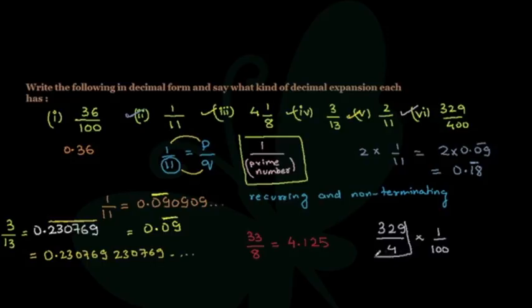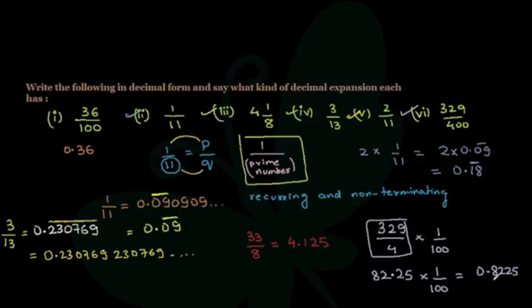So you may write 329 divided by 4 as 82.25. Then if you divide this by 100, or in other words multiply by 1 upon 100, you will get 0.8225.